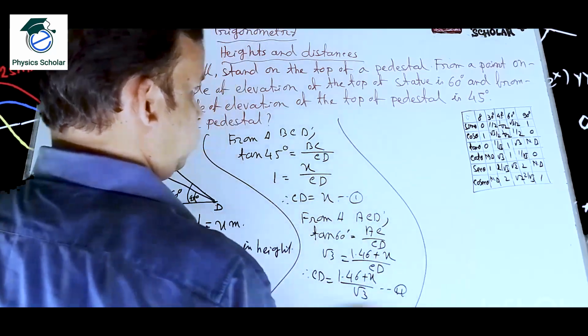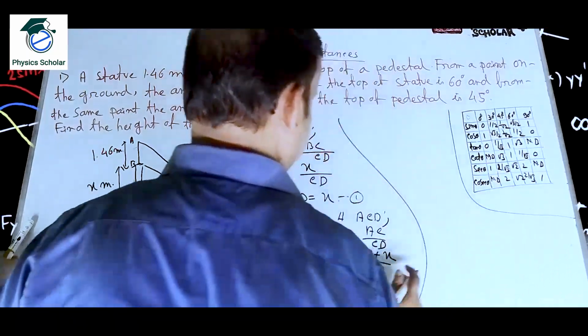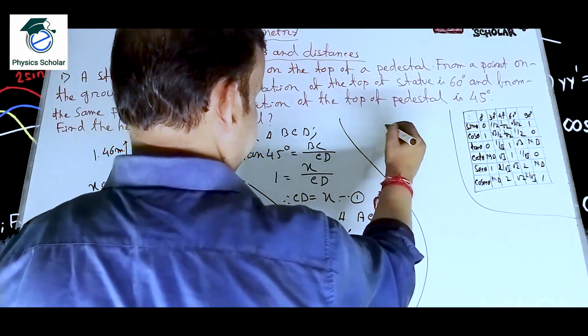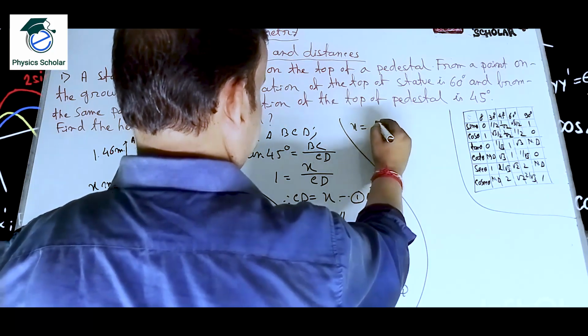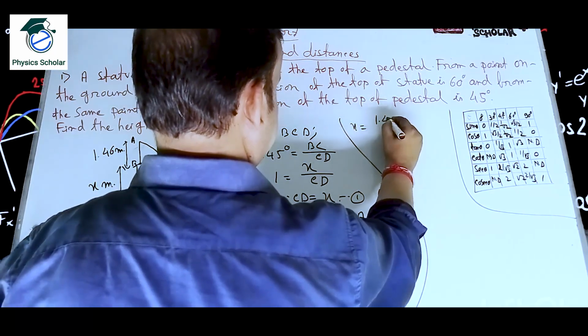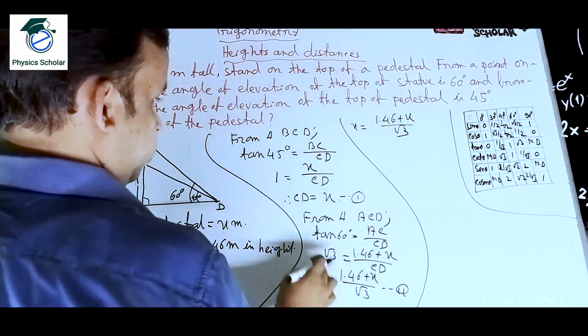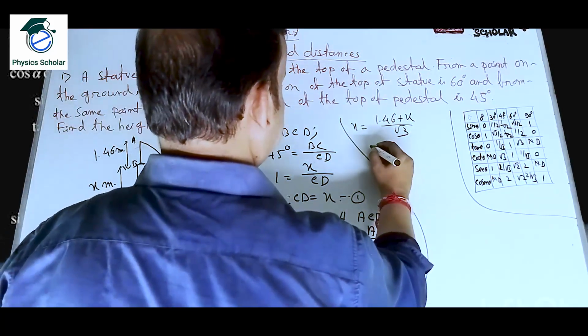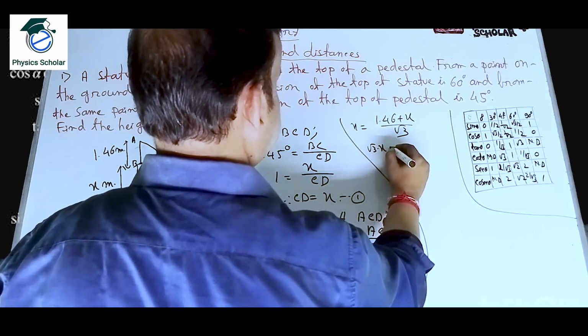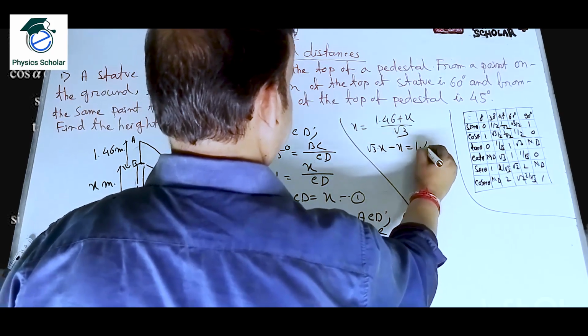So comparing 1 and 2, we can write x is equal to (1.46 plus x) divided by root 3, because both are equal to CD. Therefore root 3 into x minus x is equal to 1.46.